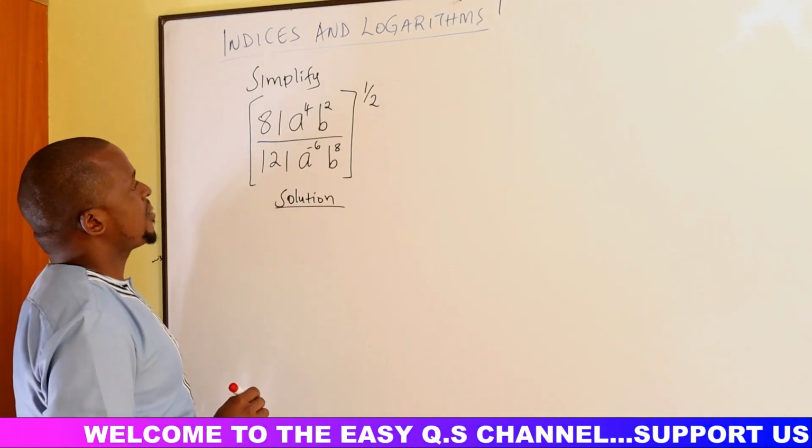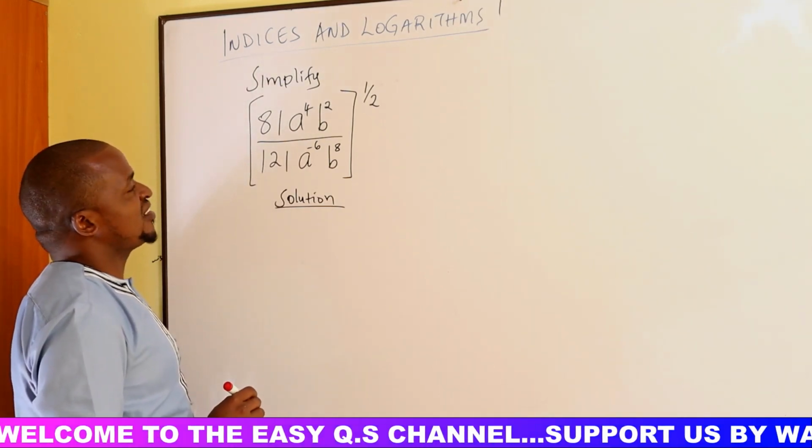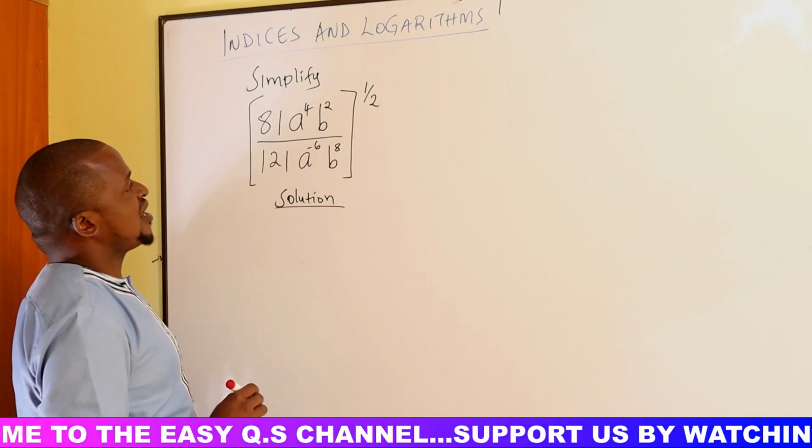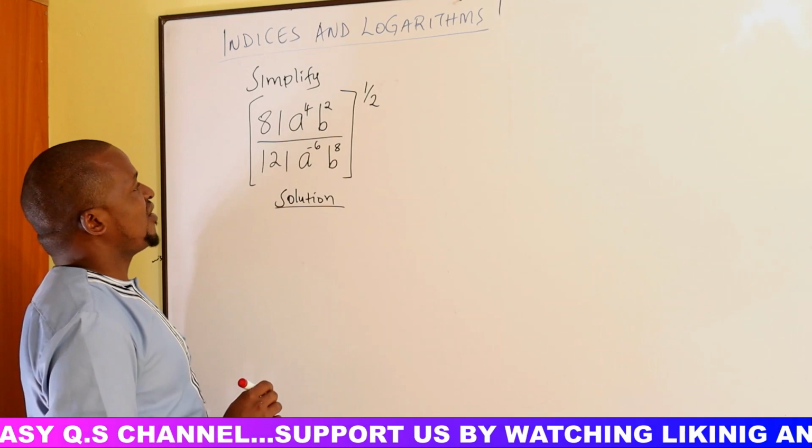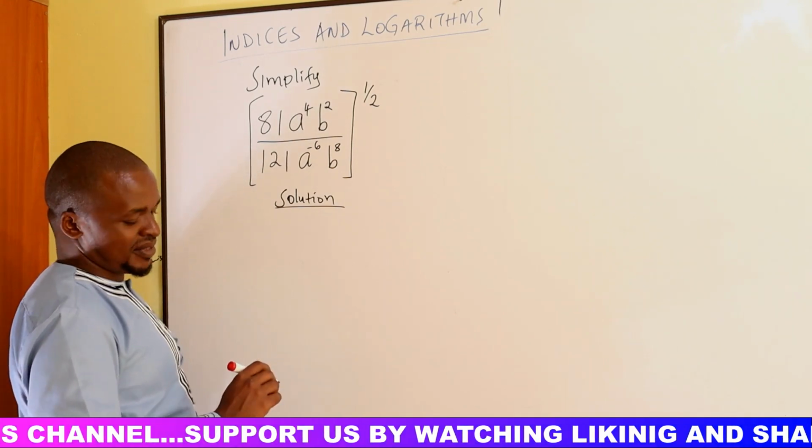So first of all, we simplify the unknowns. That is a to the power 4 b squared over a to the power negative 6 b to the power 8.